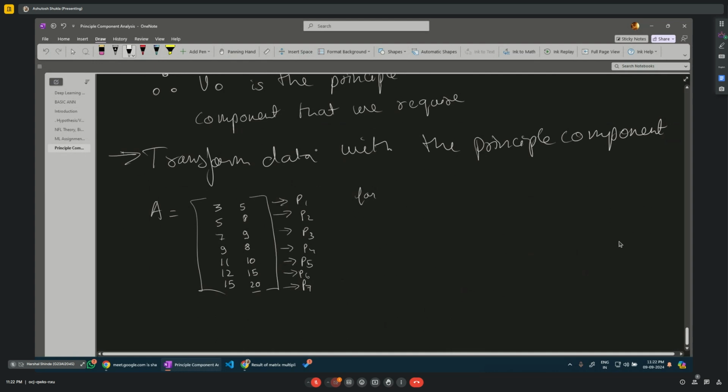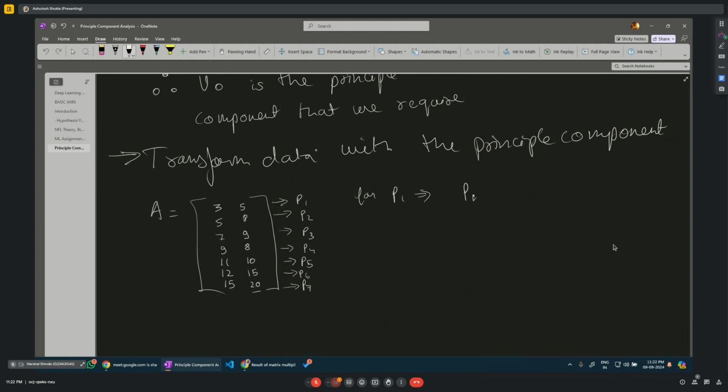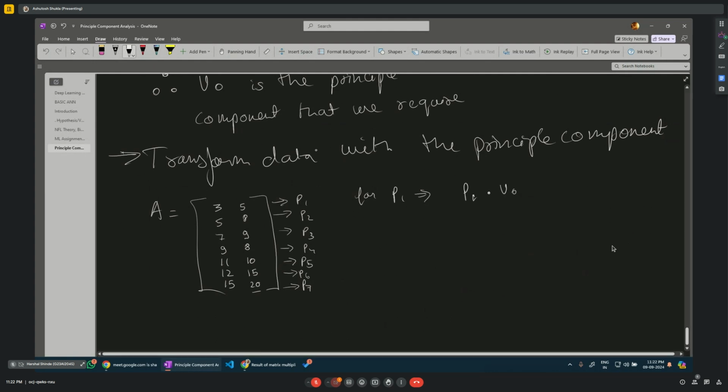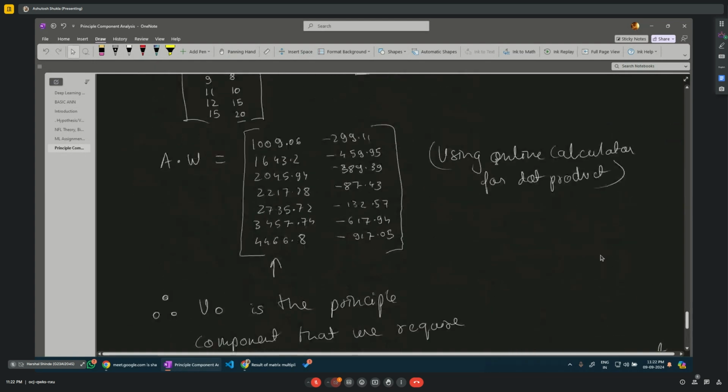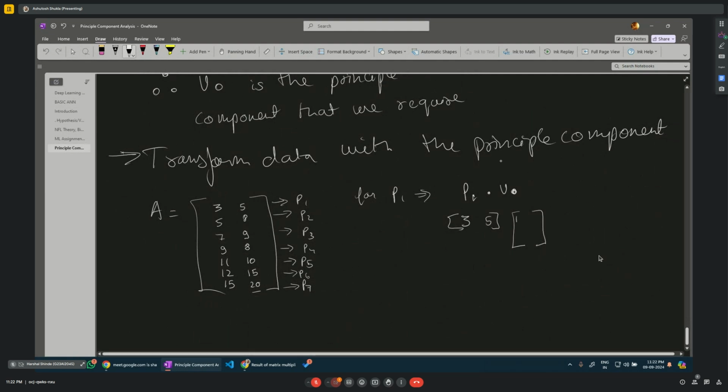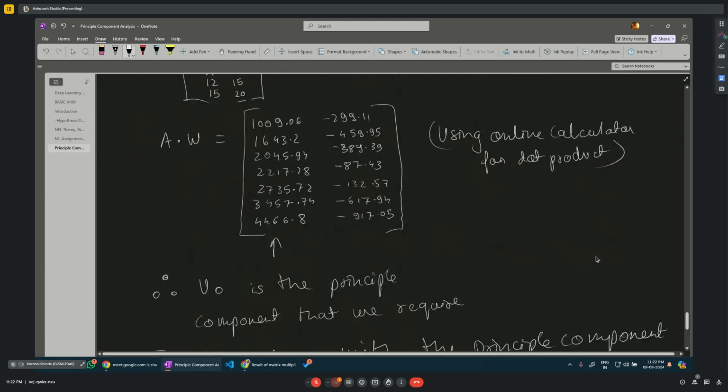So for point 1, we have to do P1 dot product with vector 0, because we chose vector 0 as the principal component. So that means 3, 5 as a matrix multiplied by v0, which is, what was it? 143.52 and 115.7. I think that's the one, yeah, 115.7.